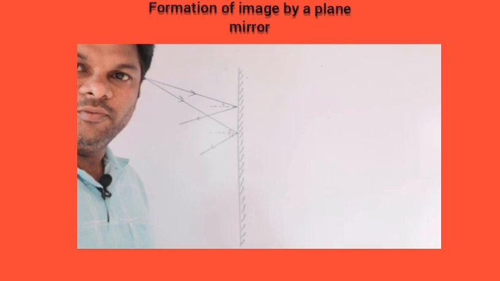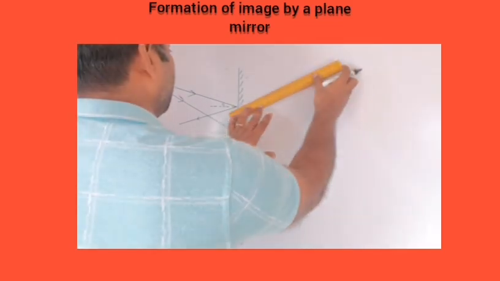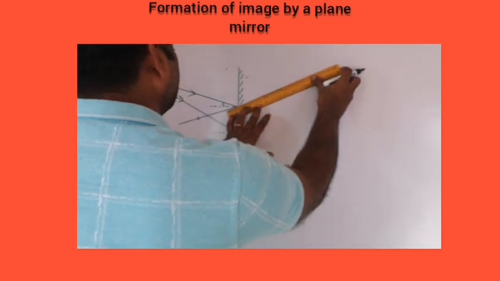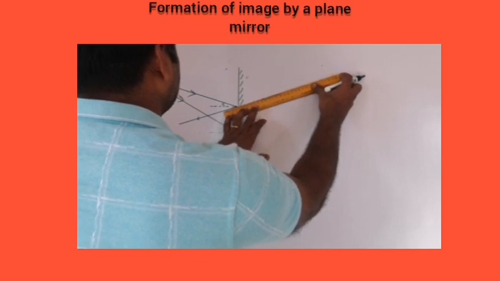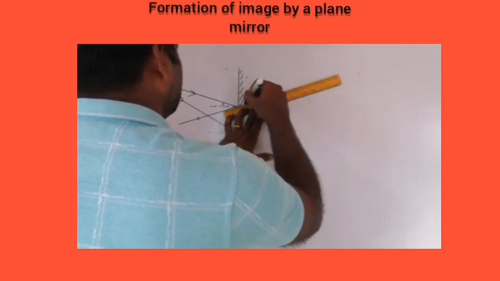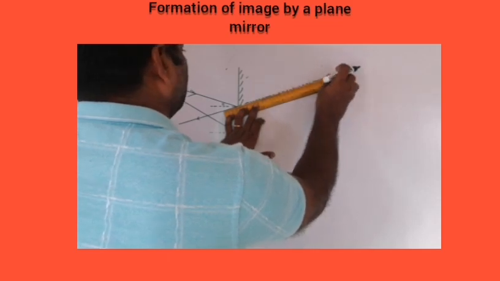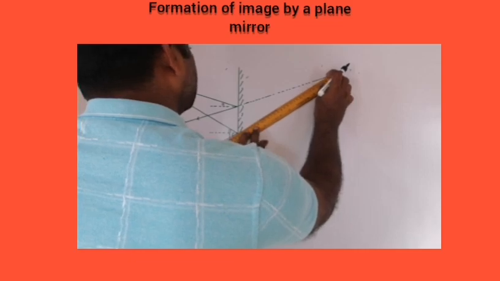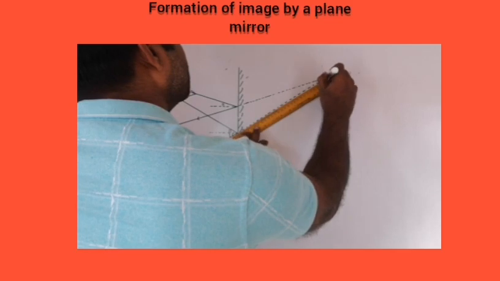Okay, when you extend this ray, this one which bounced back, in reverse, like this, when you extend this one like this, these extended rays can meet like this.